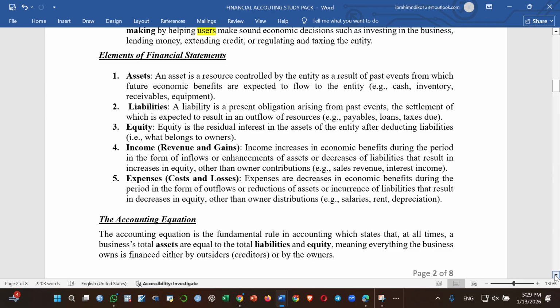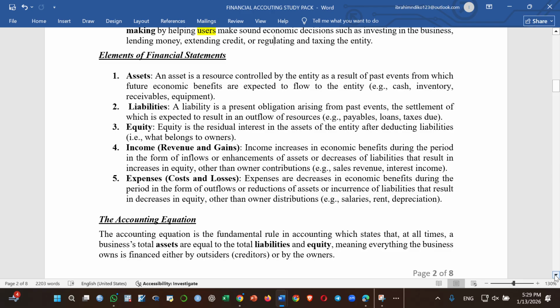You must have bought it during the past period, yesterday or the day before. So an asset is any form of resource which is controlled by an entity as a result of a past event, meaning we bought it in the past, and from which we expect some future benefit.